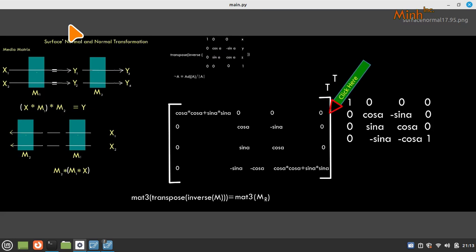I am not calculating the magnitude. So two transposes: one transpose anyway comes in the inverse, and again transpose. So they cancel each other, and we get this as the transpose and inverse of this matrix.